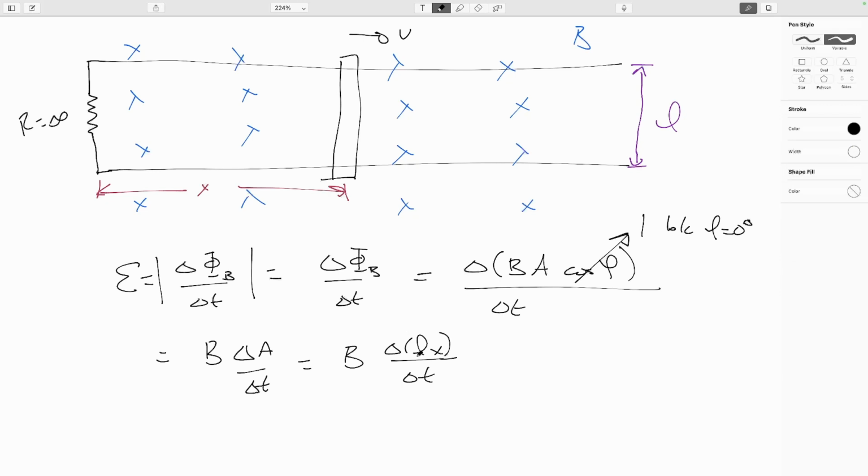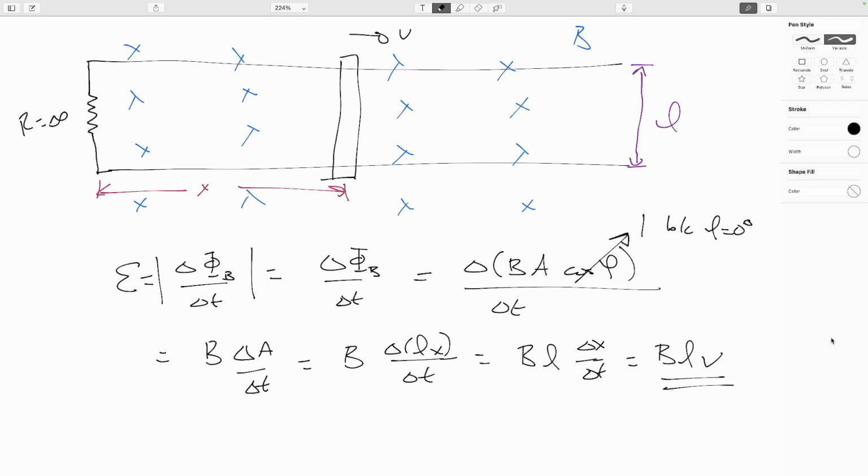But L doesn't change, so again it'll be the same deal. The change in the product of L and X is the same thing as L times the change in X. So that's B, L, times the time rate of change of the X coordinate. Oh my gosh, that's the velocity, that's the speed of our bar, BLV, which is exactly what we got before when we did this with motional EMF.